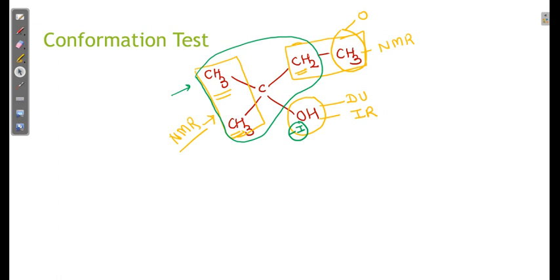Among them, the CH3 value is less, and then CH2. So this is the methyl proton. These CH3 are methyl protons, and their value is a little bit less. This is known as the methylene proton, and this value is a little bit more. From that I conclude that between the methylene proton and the methyl proton there is a 0.3 to 0.4 difference, and we come to the conclusion that this is our final structure.